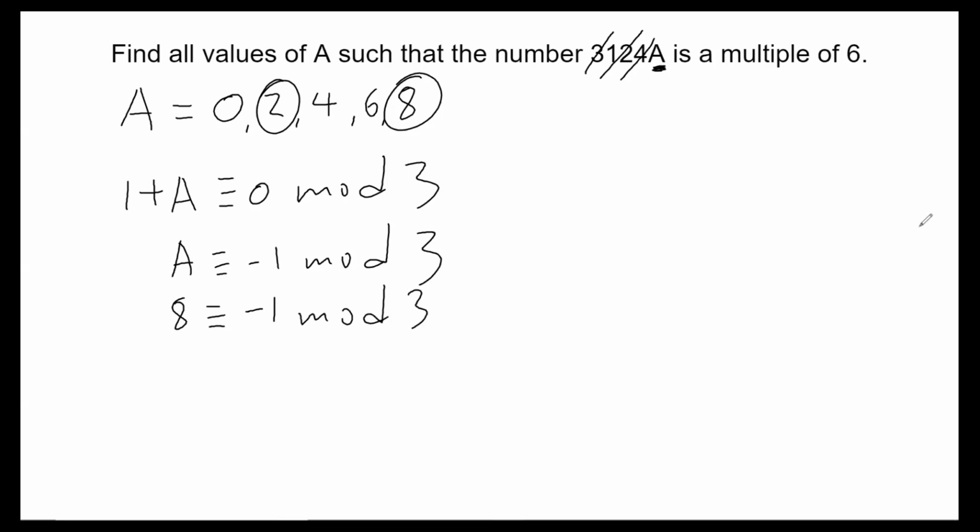Because when you do 8 divided by 3, you get a remainder of negative 1. And technically, when you divide it, you get 2. But 2 and negative 1 are the same, since you can add 3 to one to get the other. We'll go over this in more detail if we have another number theory course.